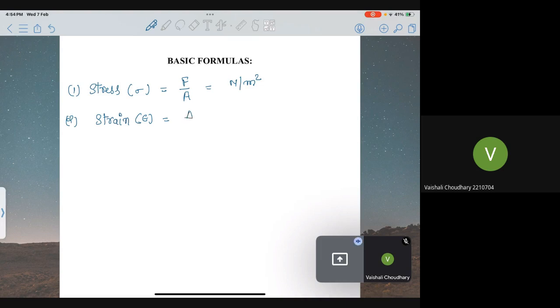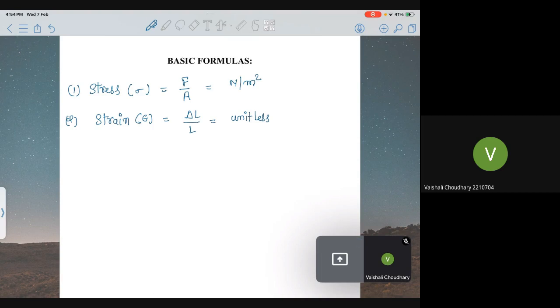The strain is the change in length to the original length, and it is a unitless quantity, because this is in meter and this is also in meter, so meter and meter get cancelled.